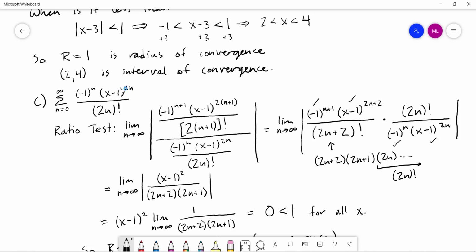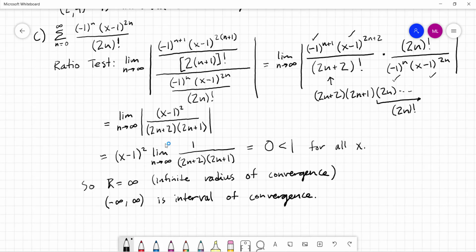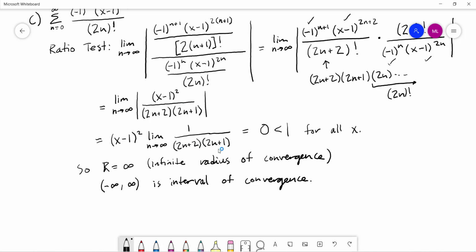But either way, even when x is growing, or when x is such that this term is a growing term, even if I didn't have the negative 1 to the n, forgetting that piece. But if I have an exponential here, right, pick a value of x to give us our base value, and we're just letting n go to infinity, so I've got some number to the 2n power. Even though that exponential is growing, 2n factorial is going to grow faster. So I'm going to have a smaller function over a larger function. The overall ratio is going to eventually go to 0. We should expect convergence. And that's exactly what we saw when it was all said and done.